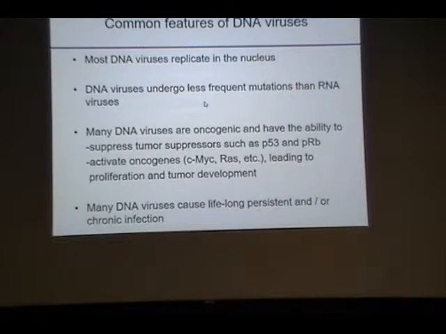And the other difference between RNA and DNA viruses is that RNA viruses mutate so frequently. For example, HIV. When you get infected by HIV, the virus mutates so quickly, and that's why we have such a hard time developing a vaccine against HIV, right?